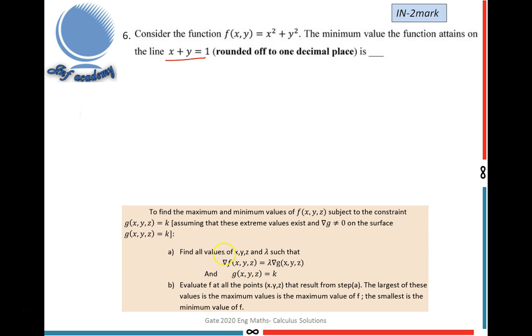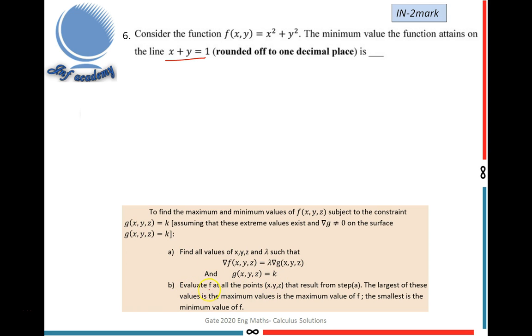Del means gradient. Find all the values of x, y, z and lambda such that del f equal to lambda del g, that is, gradient of f equal to lambda into gradient of g, subject to the constraint g equal to k.